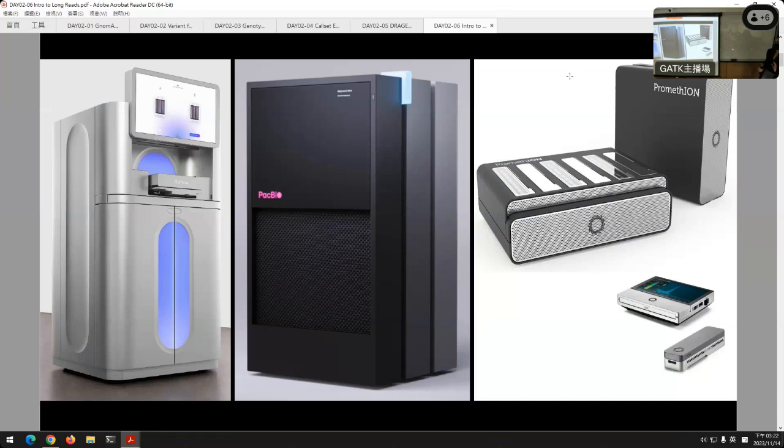There's the PromethION on top, which is a little bit larger and higher throughput. And there's the MinION at the bottom. It's a really tiny sequencer, which makes it extremely portable. You can actually do sequencing in the field, but it is lower throughput because it is smaller.